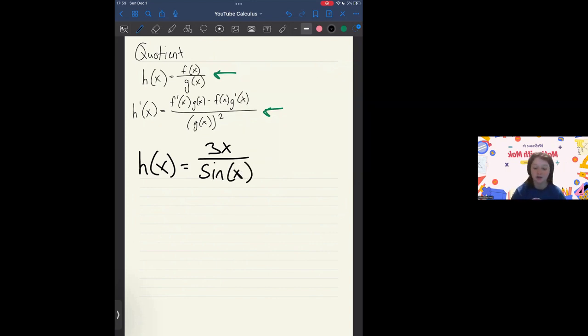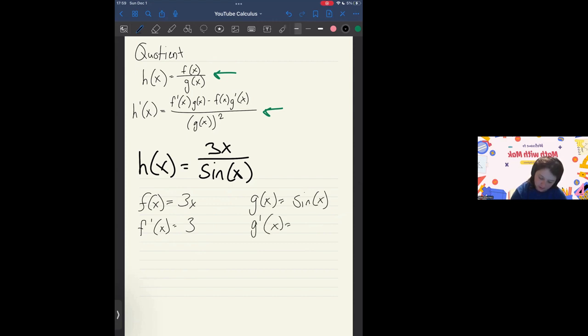And remember again that we can't just take a derivative, right? Of both, at least. So we have to break them up in some way. So we've already identified from the last problem that f of x is 3x, f prime of x is 3, g of x is sine of x, and g prime of x is cosine of x.